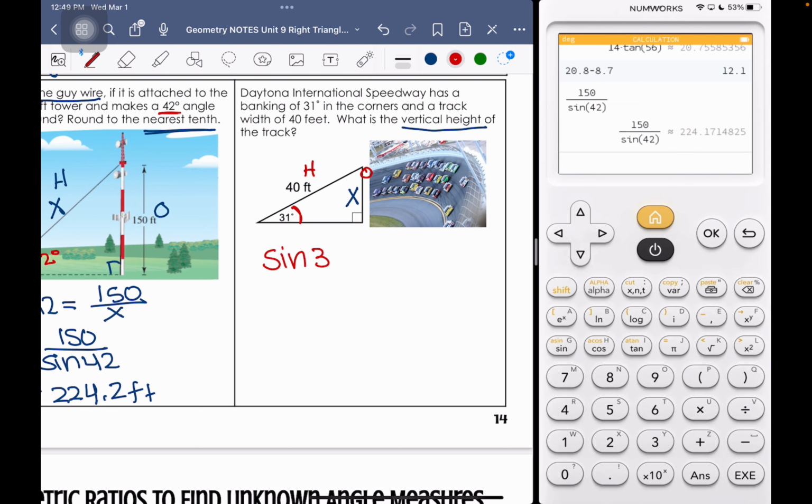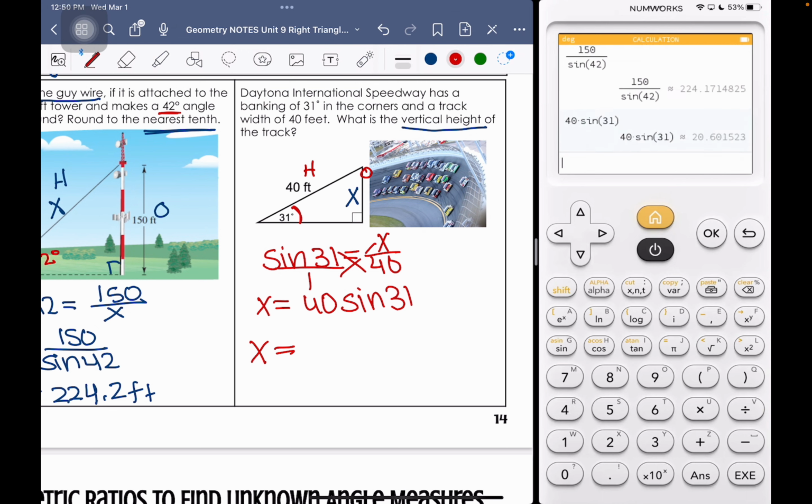So the sine of 31 is equal to X over 40. If we cross multiply, X is equal to 40 times sine of 31. So X is equal to 20.6.